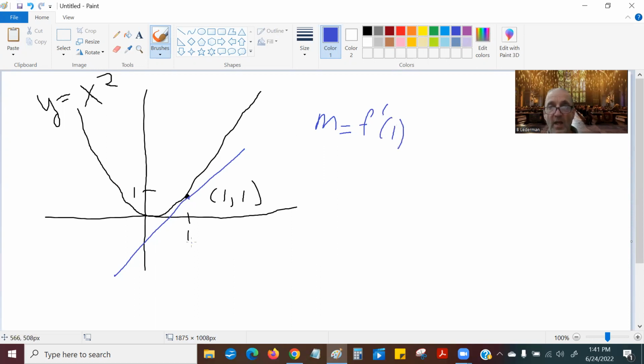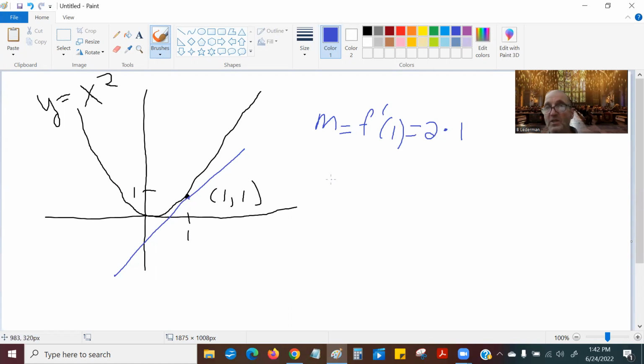Why 1? Because it's when x equals 1. And that's equal to 2 times 1, because we know that f prime in general is 2x. We figured that out already for this particular function. So m equals 2.